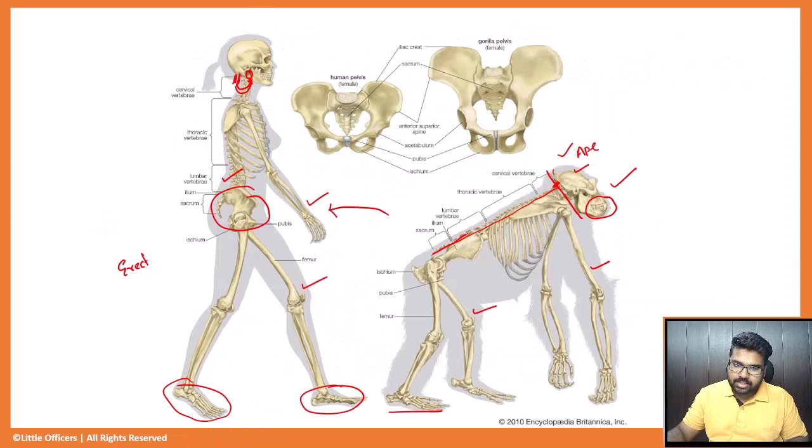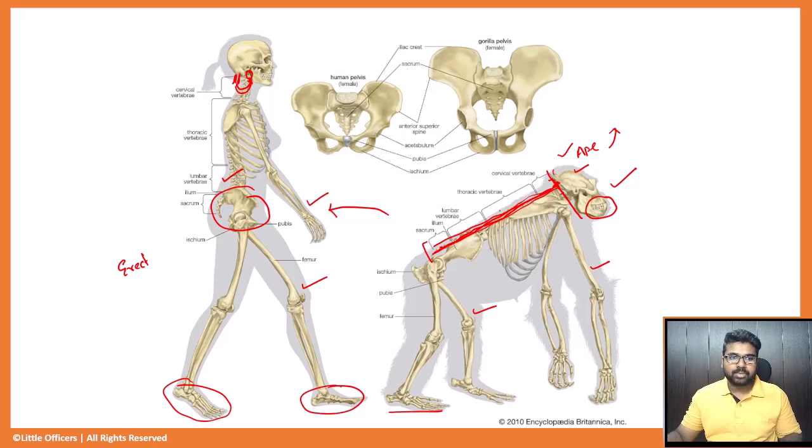See, this is the vertebral column. This has to be stiff, because it has to provide them stability when they are doing quadrupedal locomotion. When they are always on four legs, it has to provide them extra stability from here to here. Look at this. It is very straight.